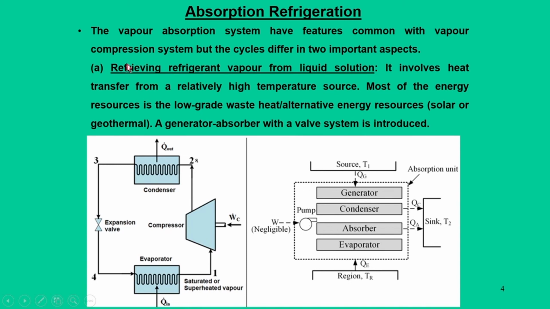So, the first way a vapor absorption system differs is in retrieving refrigerant vapor from a liquid solution. It involves heat transfer from a relatively high temperature source. Most of the energy source is low grade heat energy or an alternative source of energy such as solar or geothermal, and to use this energy we use a combination of generator and absorber with a valve system.